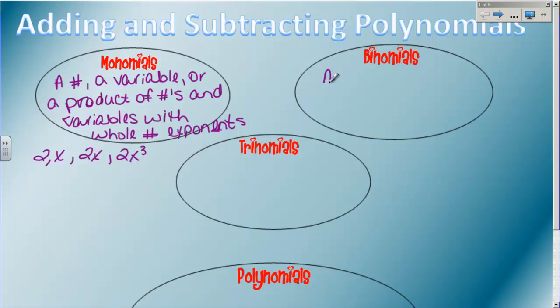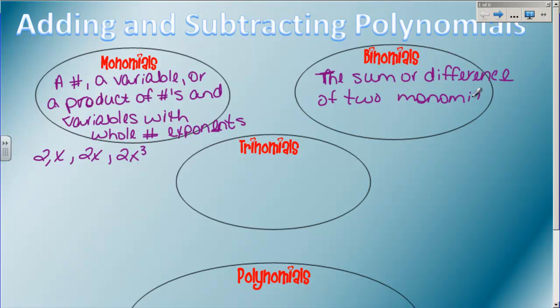And all a binomial is, is the sum or difference of two, hence the bi, monomials.